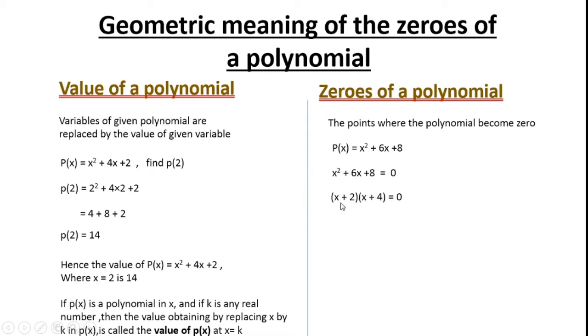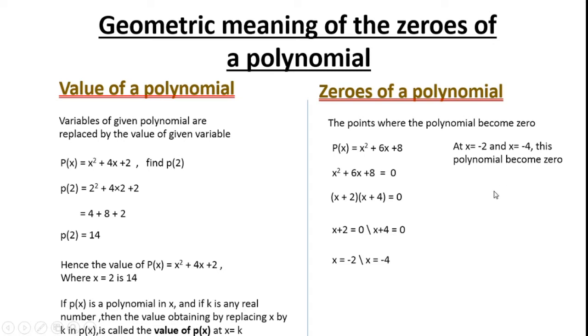We can rewrite as x plus 2 into x plus 4 equals 0. Now x plus 2 equals 0 or x plus 4 equals 0. Now x equals minus 2 and x equals minus 4. At x equals minus 2 and x equals minus 4, the polynomial becomes 0.